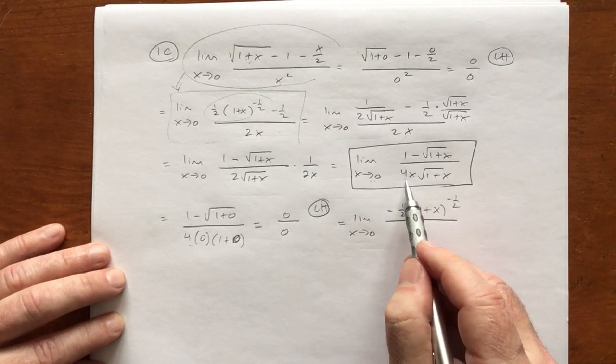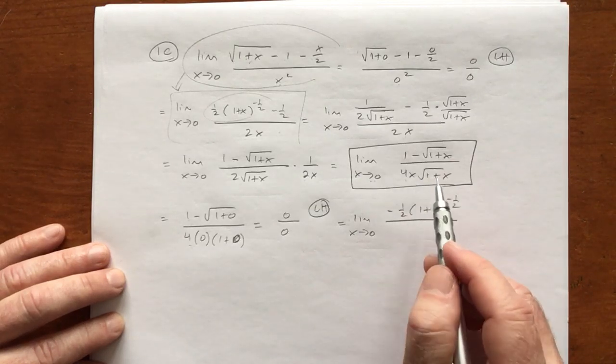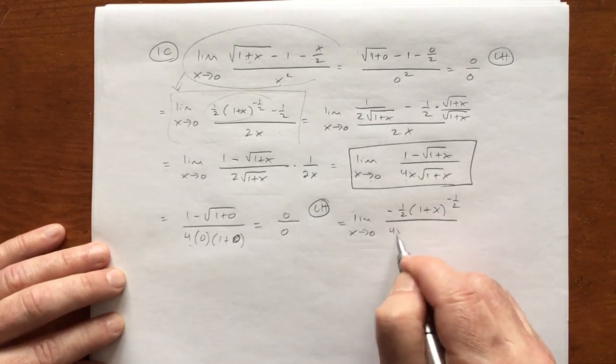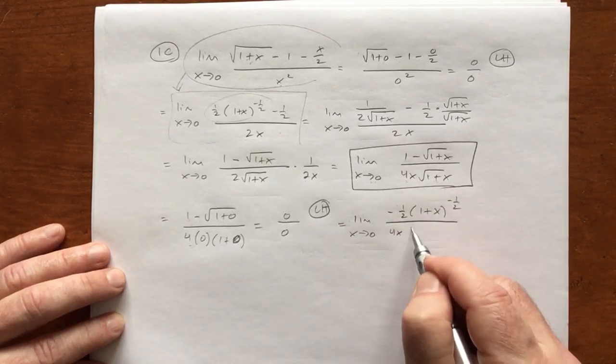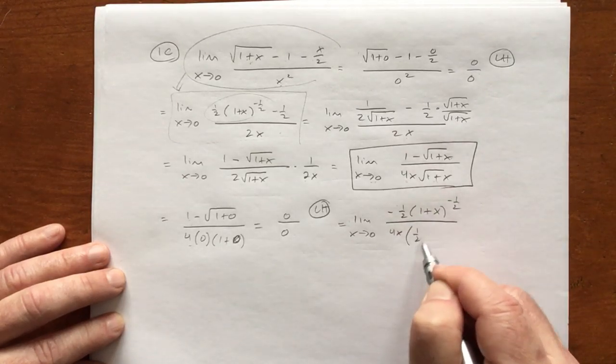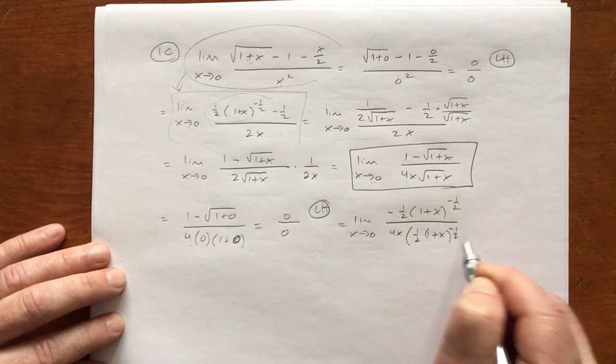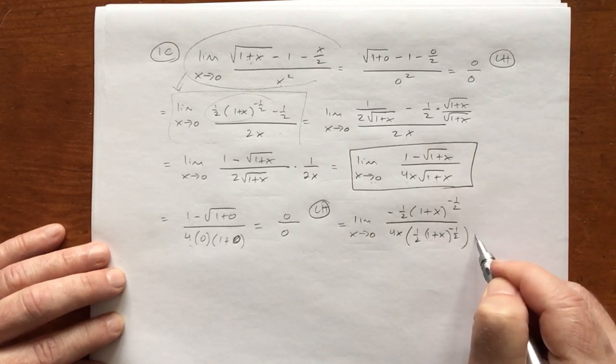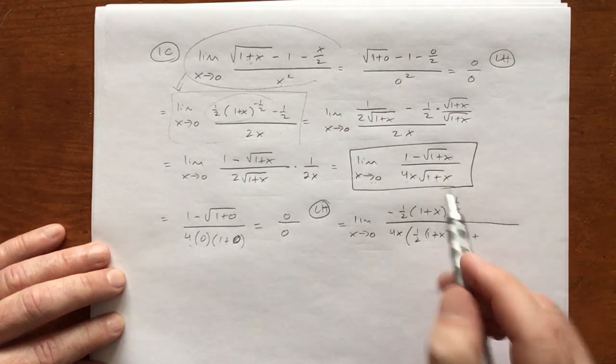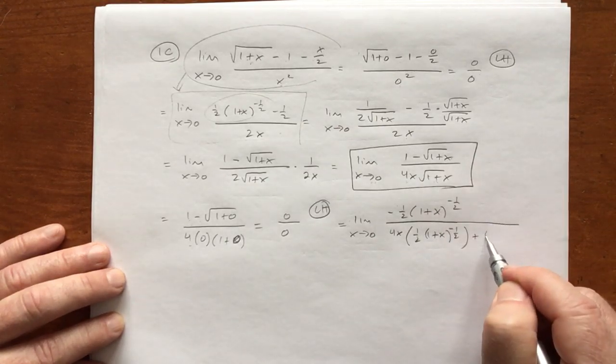The derivative of the bottom, so this is a product rule now. So I have the first times the derivative of the second, and then plus the second times the derivative of the first. I'll write that like this.